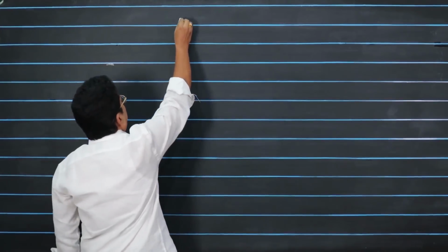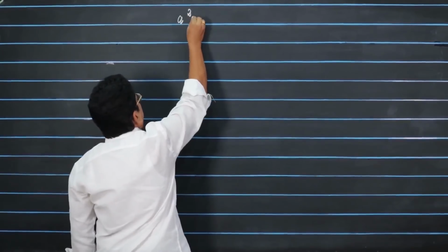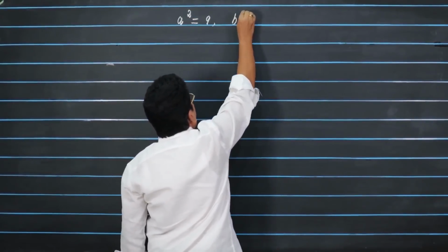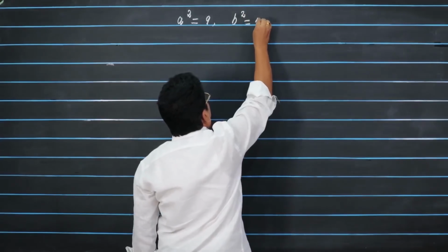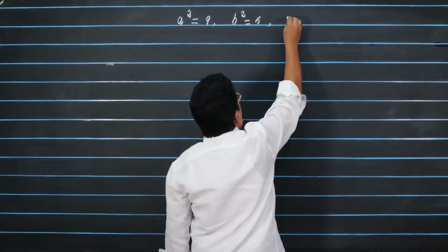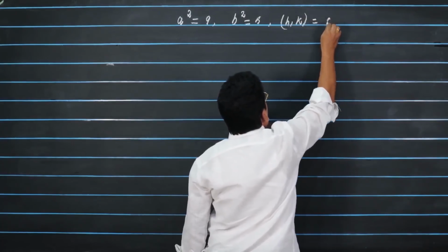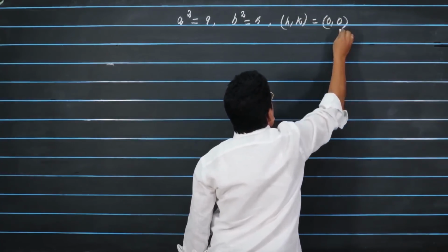We have found the values of a squared is equal to 9, b squared is equal to 5, and h, k is equal to 0, 0.